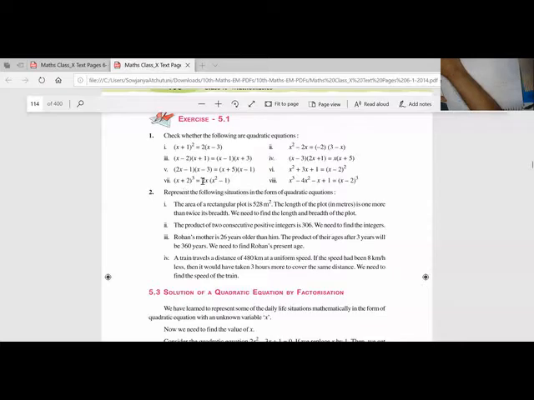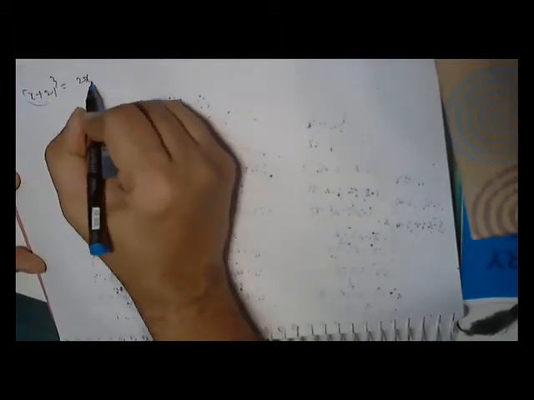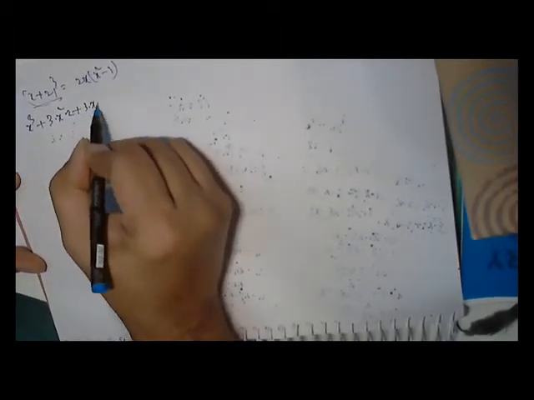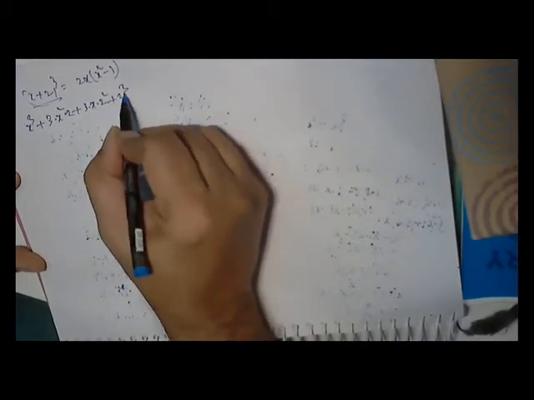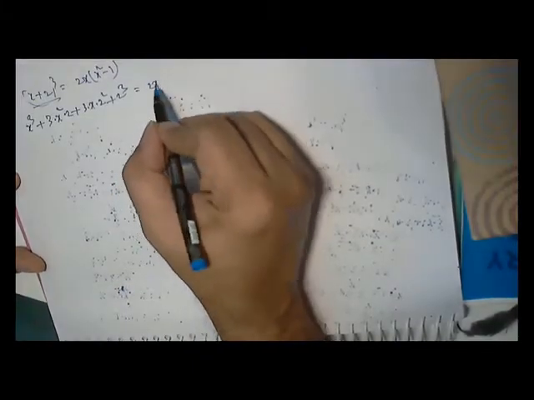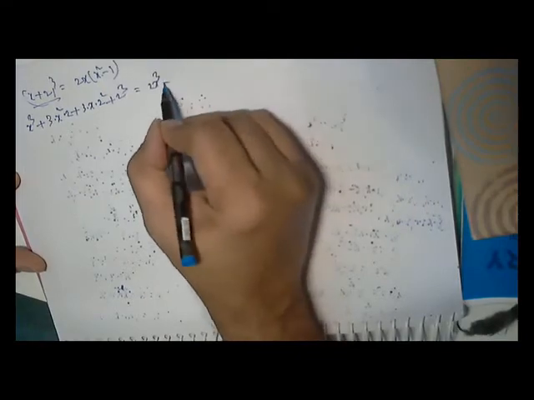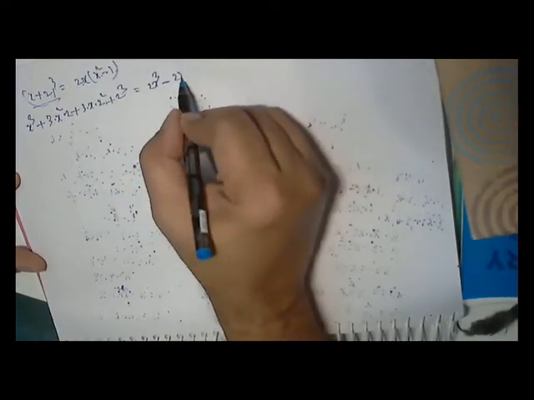x plus 2 whole cube is equal to 2x into x squared minus 1. Let us expand this. a cube plus 3a squared b plus 3ab squared plus b cube is equal to 2x into x squared, 2x cube, minus 2x into 1, 2x.